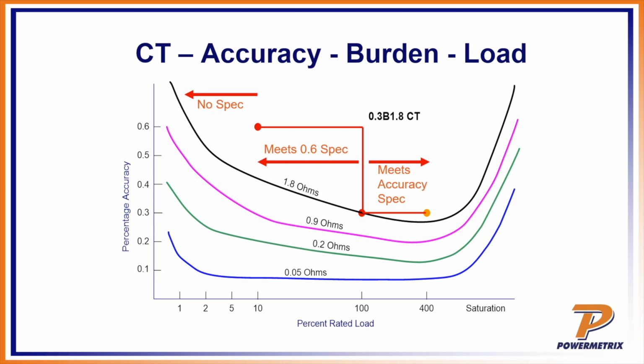So when I have my rating factor, let's say it's a 100 to 5 CT and I have a rating factor of 4, that means that CT keeps its rating factor up to 4 times the current. So in this case, that's why it goes up to 400. So it meets my accuracy spec from 100 amps all the way up to 400 amps.